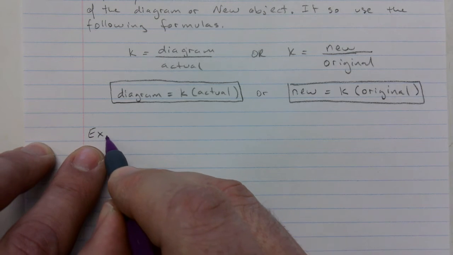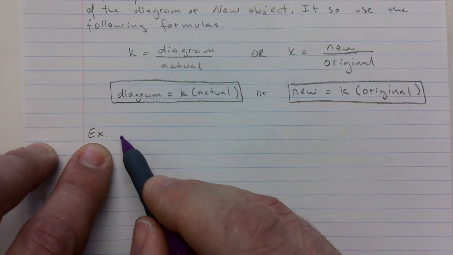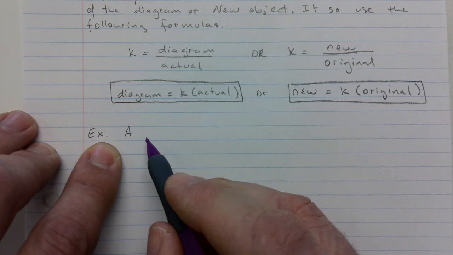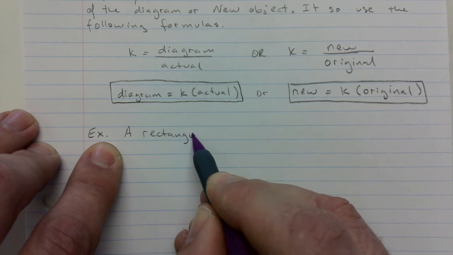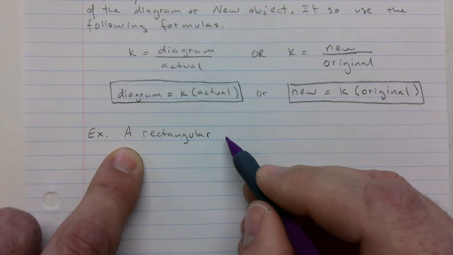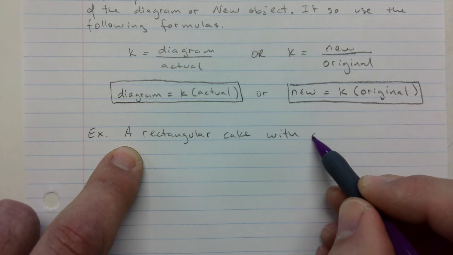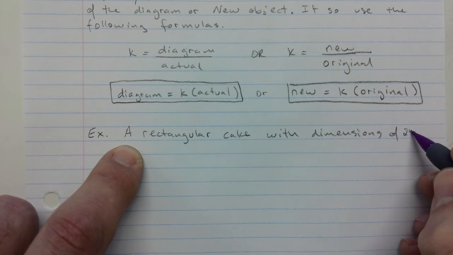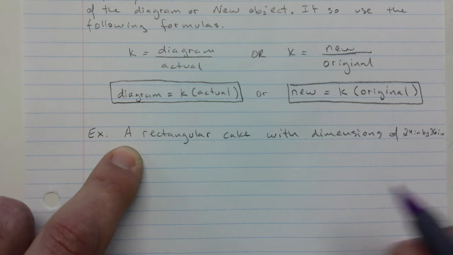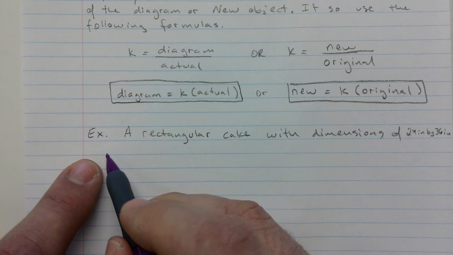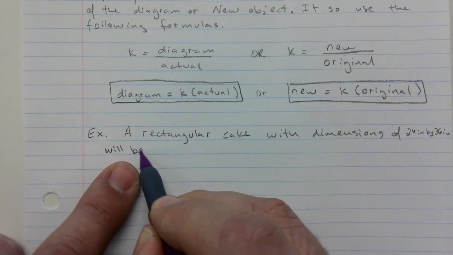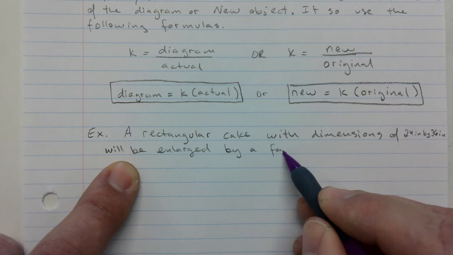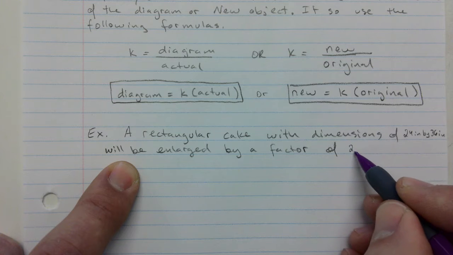So example: a rectangular cake with dimensions of 24 inches by 36 inches will be enlarged by a factor of 2.5.